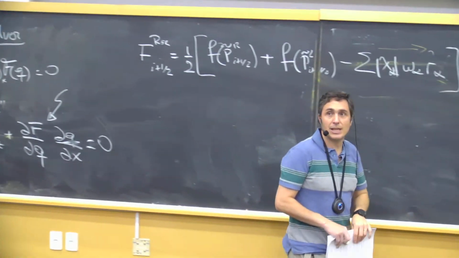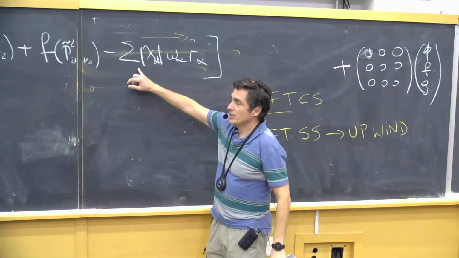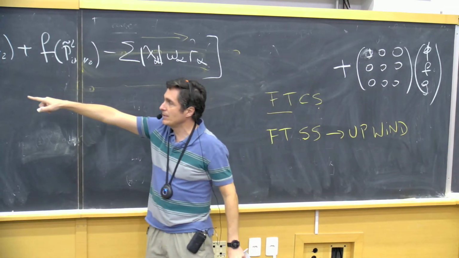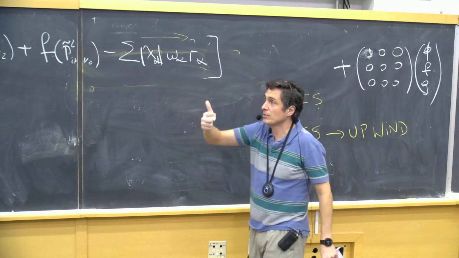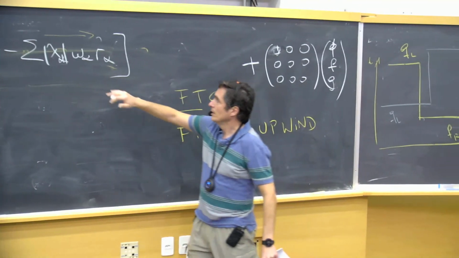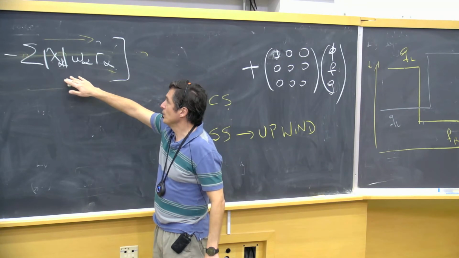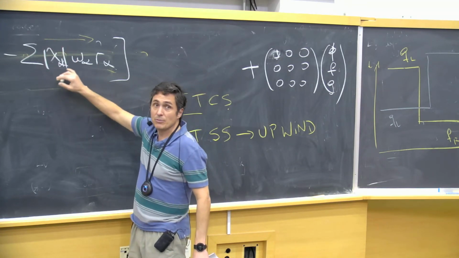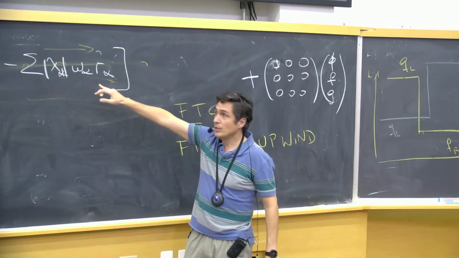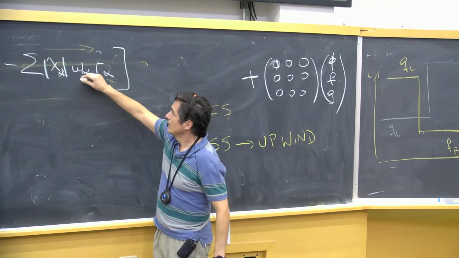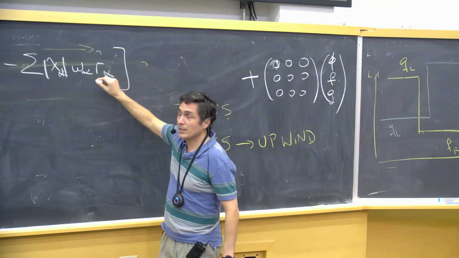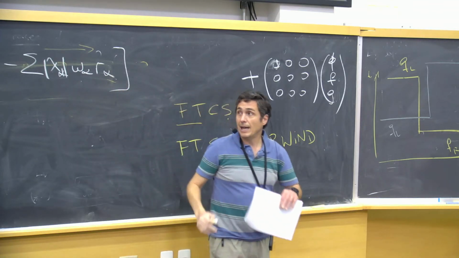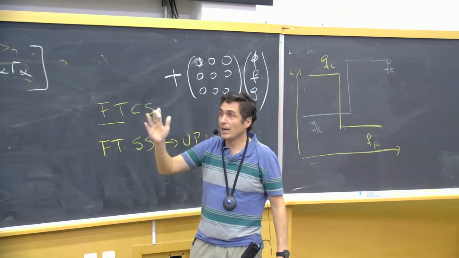And then you're going to add another piece, which is the sum over all the eigenvalues of your system. In our case, if we have the Burgers equation, we have only one, so the eigenvalue will just be Q. But if you have more, and we're going to describe this tomorrow, multiply the eigenvalues, and this is why we were concerned with the eigenvalues. We're going to use them. These omega, which we're going to discuss tomorrow as well, have to do with the jump, the discontinuity that the solution would have across the interface.